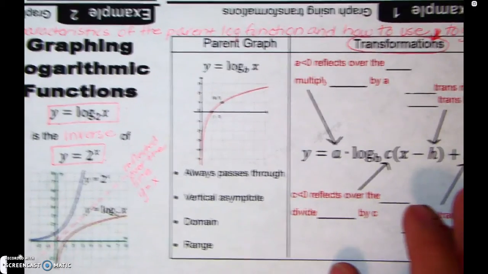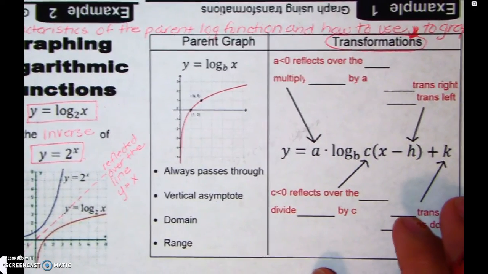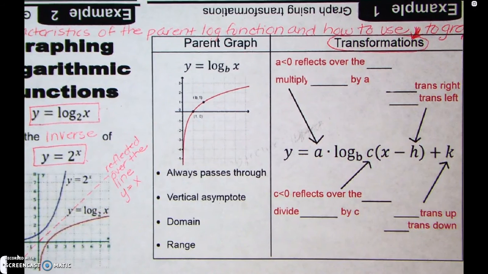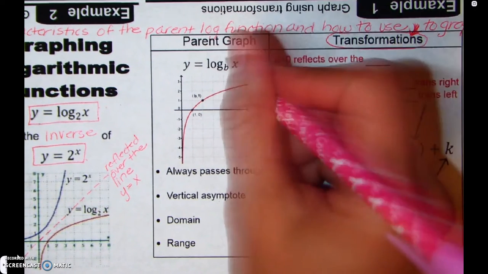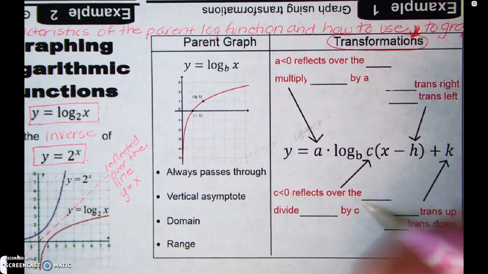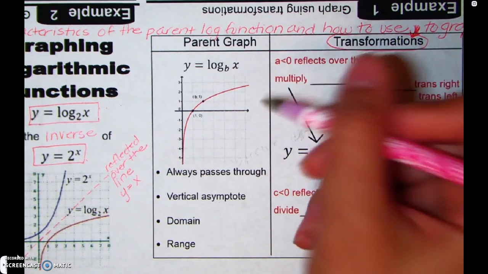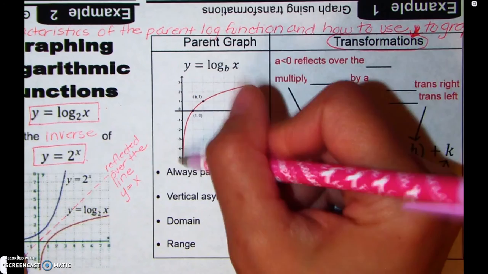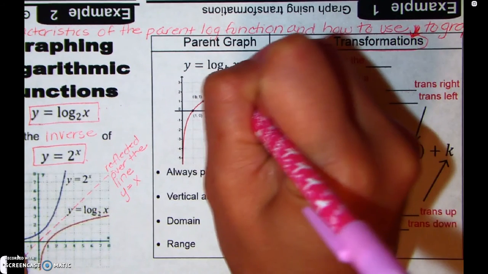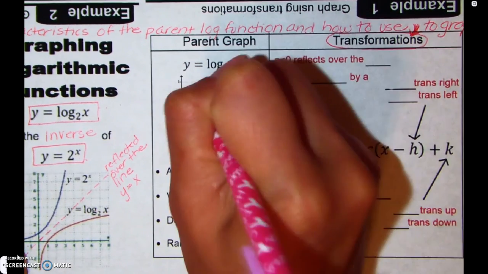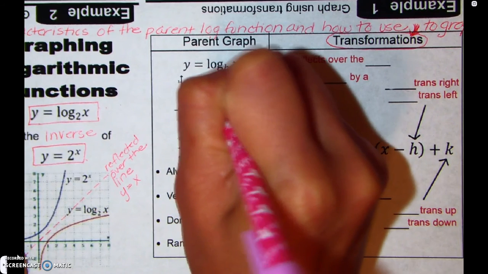Okay, let's go ahead and go to the parent function and let's talk about transformations. Transformations of the parent function are pretty cool, okay, very easy. So if you look here, you're going to have your function, whatever the b is, that would be your parent function.